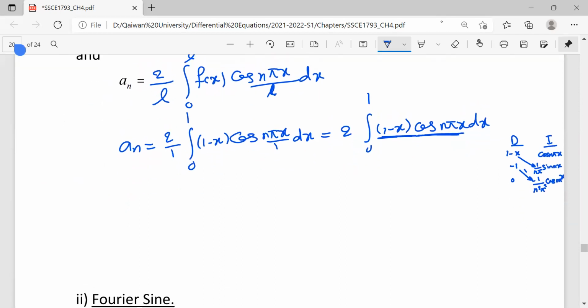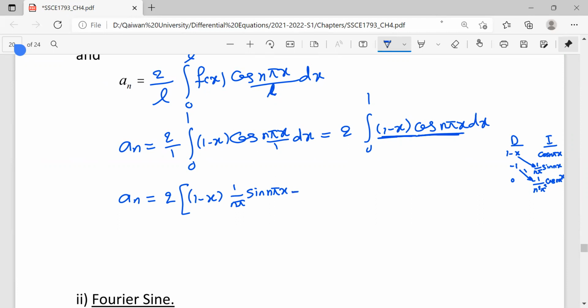And the result is, an is 2 times 1 minus x times 1 over n pi sine n pi x. Then negative times negative is positive, and here we have a negative sign also.